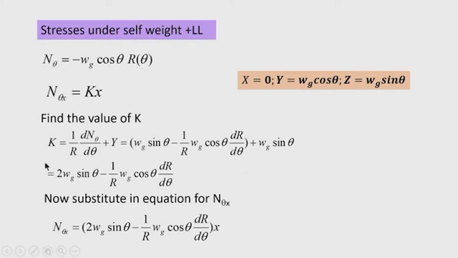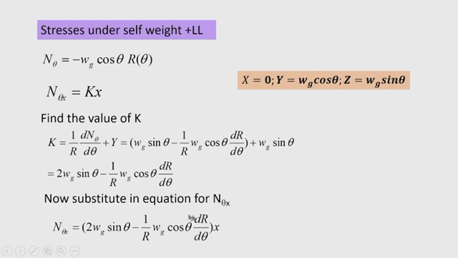After obtaining k, we now write the expression for N theta x. N theta x is given by 2 W g sin theta minus 1 by r W g cos theta d r d theta, the whole thing multiplied by x.